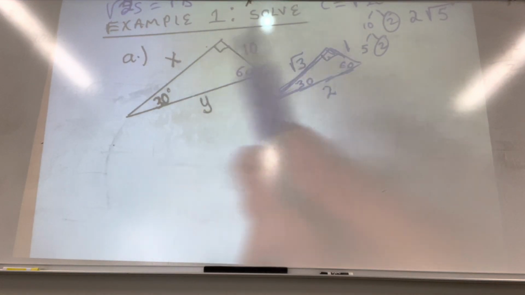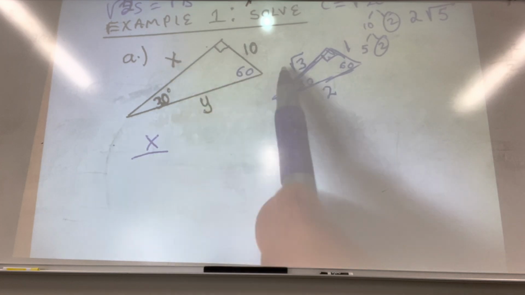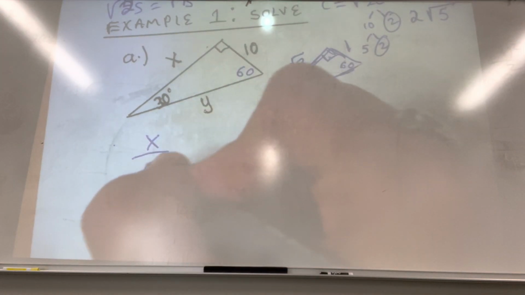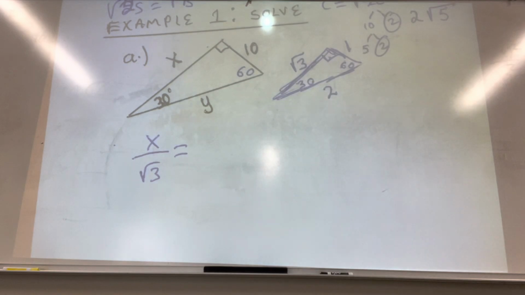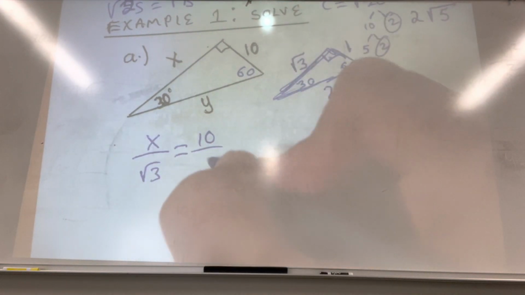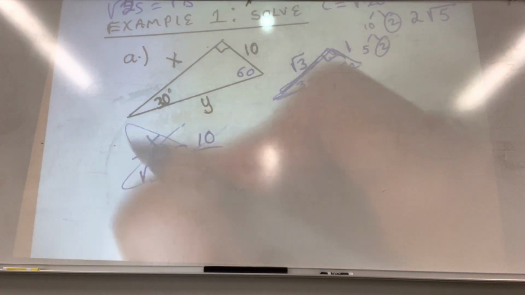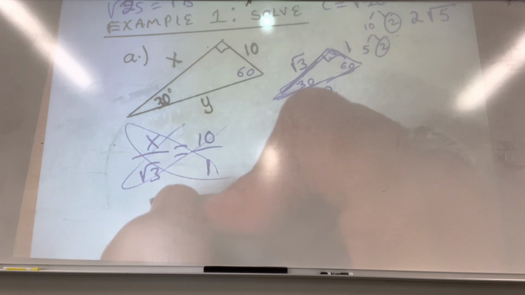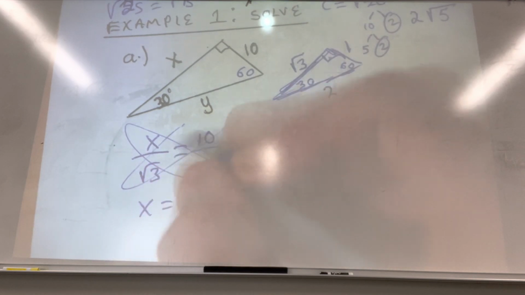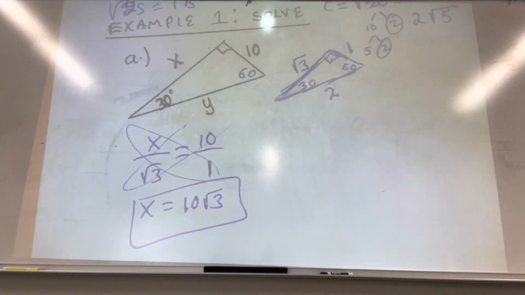It's going to be x over radical 3, equals 10 over 1. Perfect. Multiply, we get 1 times x is just x, and 10 times radical 3, 10 radical 3. Okay? Perfect.